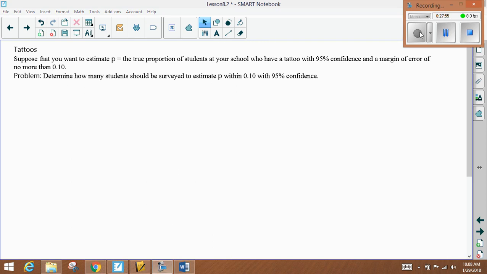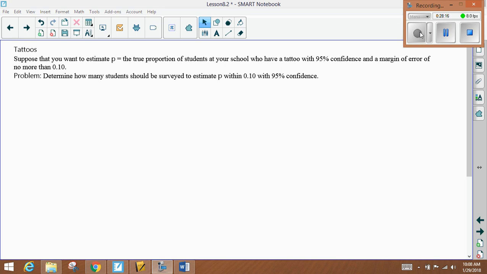We get to do algebra problems like this. It is one of the few problems you actually have to. So suppose we wanted to estimate the true proportion of students at your school who have a tattoo with 95% confidence and a margin of error of no more than 0.10.